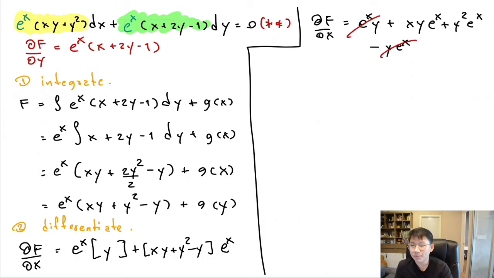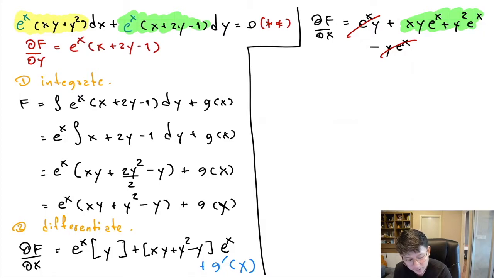Okay, and then we compare this with this guy. Oops, sorry, I forgot g prime x. g is a function of x, okay?